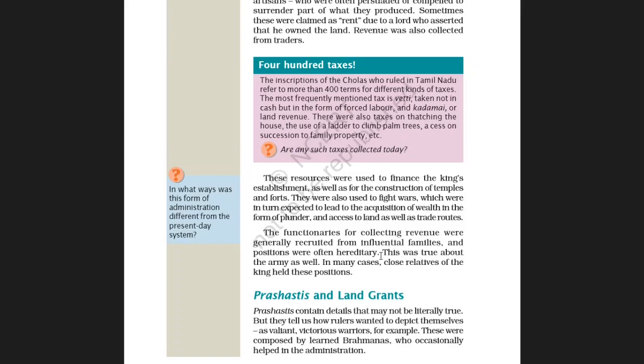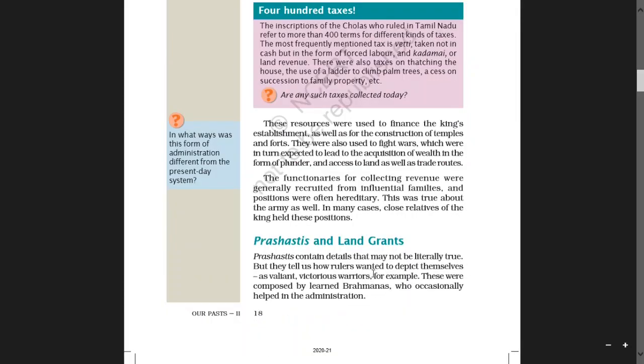So they were recruited from powerful families and positions were often hereditary. This was true about the army as well. In many cases, close relatives of the king held such positions.